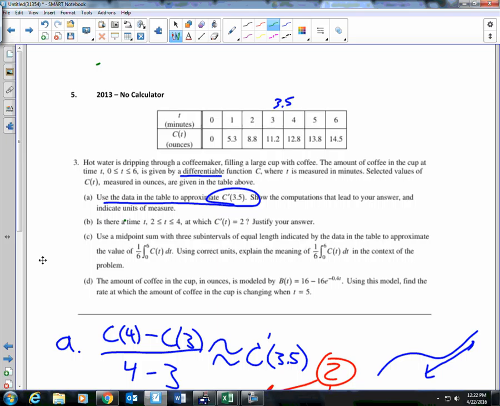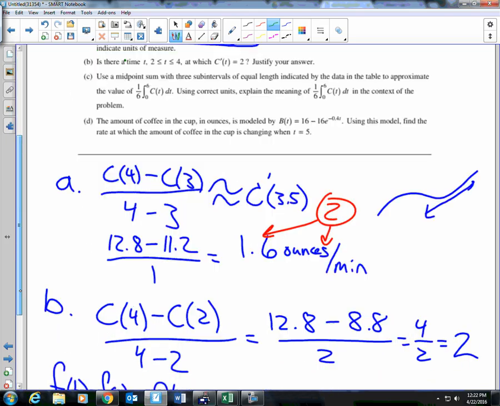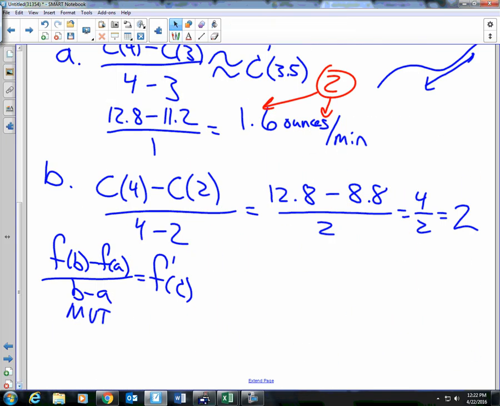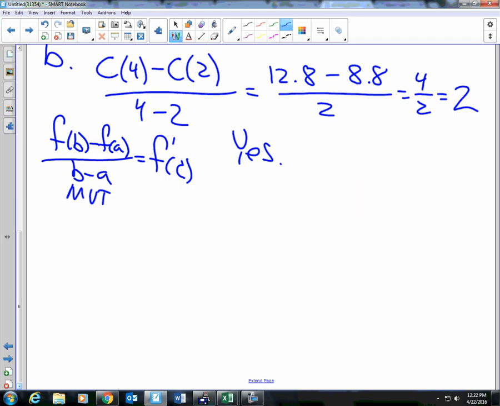So the answer to this problem: it says, is there a time? The answer is yes. And then it says to justify the reason. The mean value theorem, MVT. What was the other one that we used? IVT, the intermediate value theorem, displays continuity.